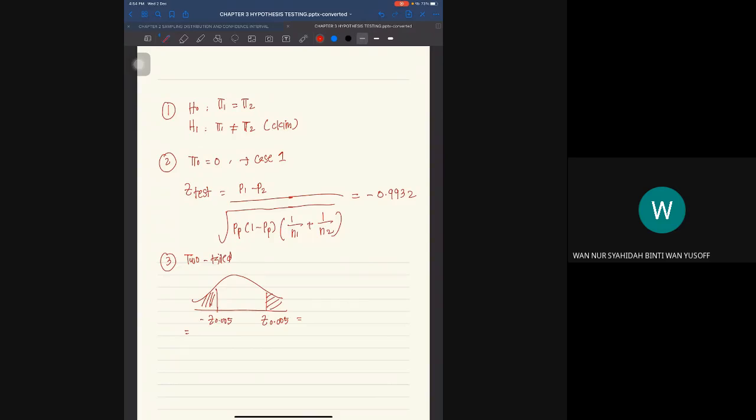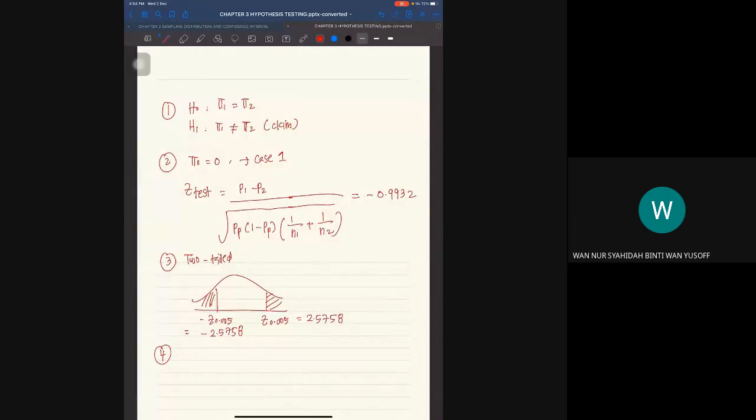When you have a two-tailed test, both critical values must be mentioned, the lower one and also the upper critical value. So you have 2.5758 and negative 2.5758. Step 4, decision.